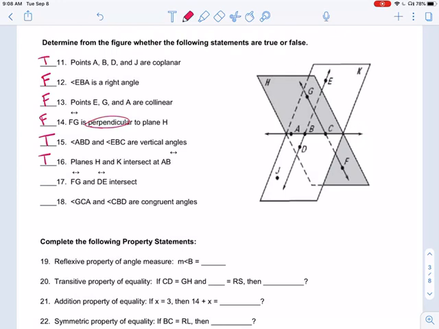That cannot be concluded. And angle GCA, so GCA here, and CBD are congruent, and we cannot make that assumption either.